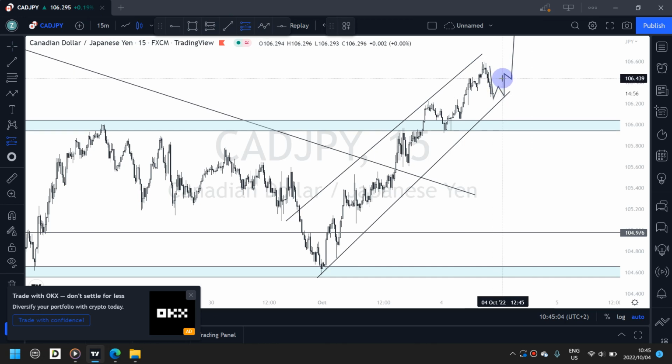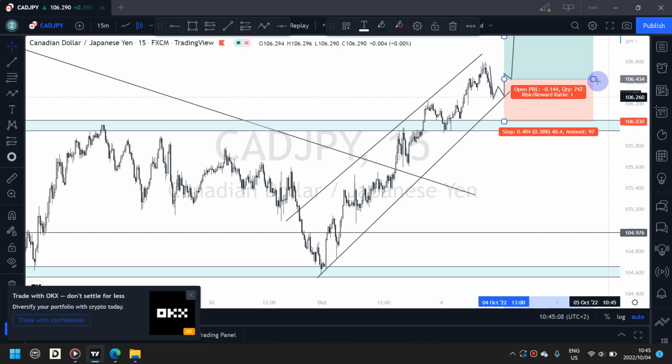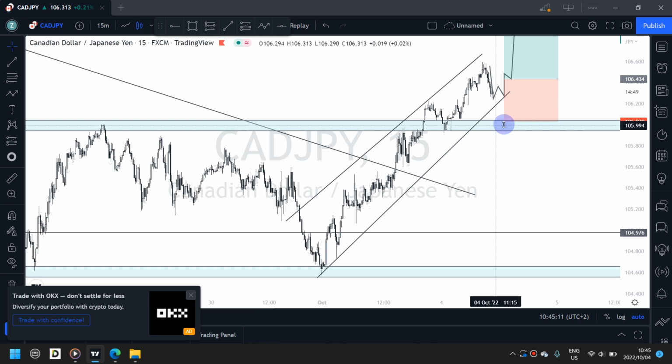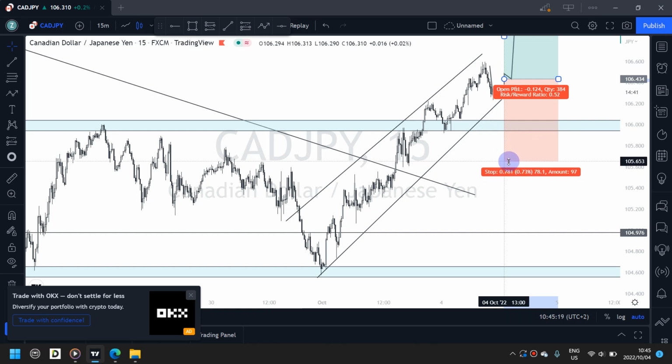So what I would do is to have a buy stop right there for this entry, for the setup, and my stop loss would be probably there. Okay, let me just do an example.